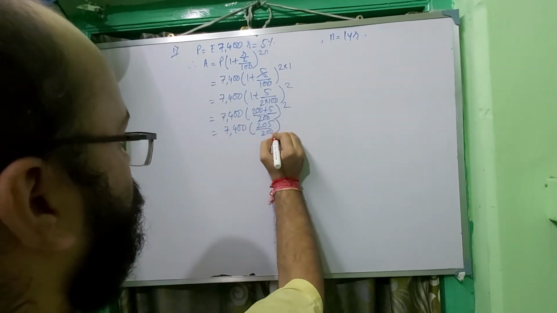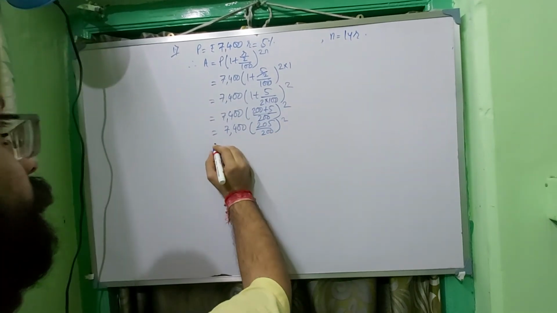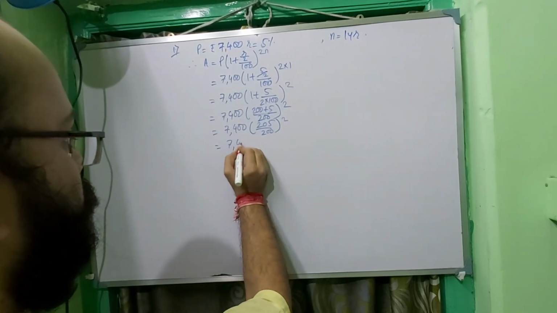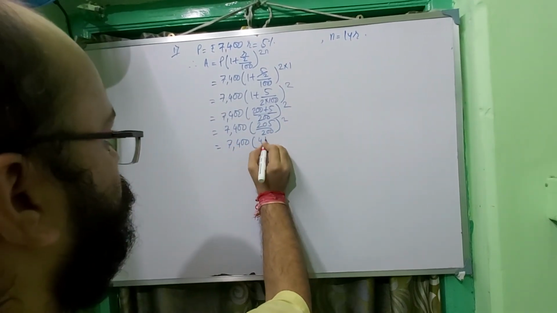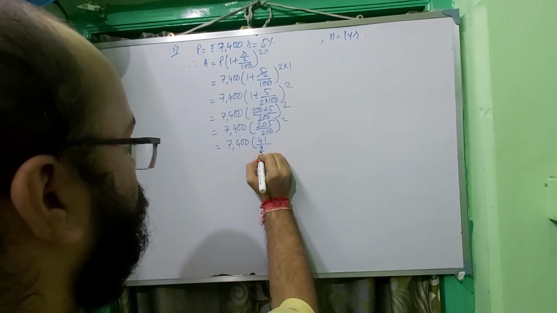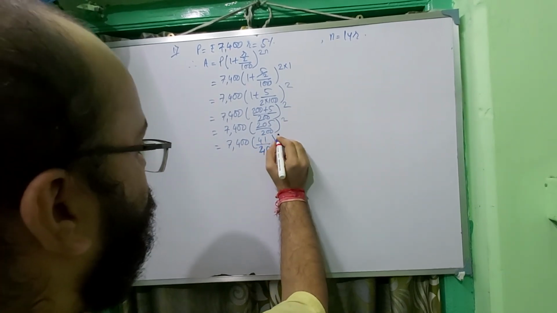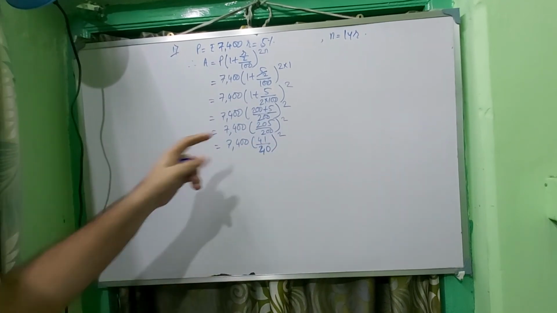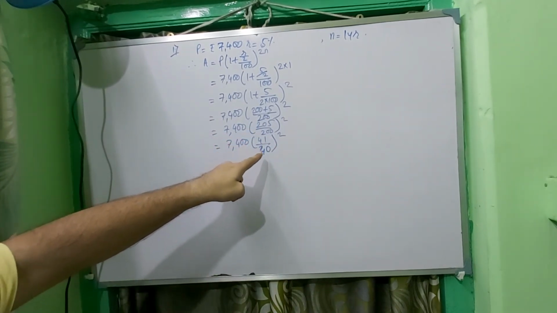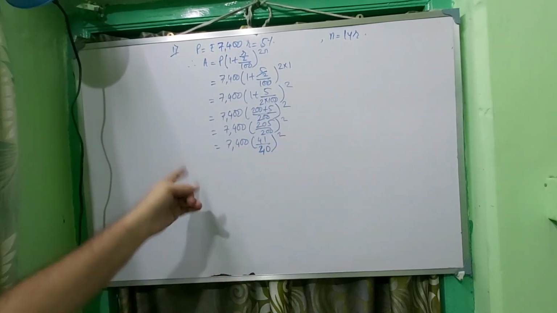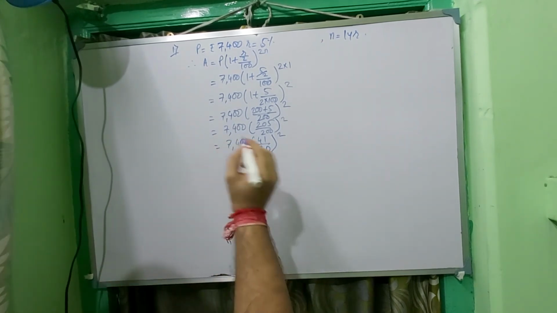If you divide it by 5, you will get 7,400. 41 by 40. 205 divided by 5 is 41, 200 by 5 is 40. Means 41 into 41 and 40 by 40.